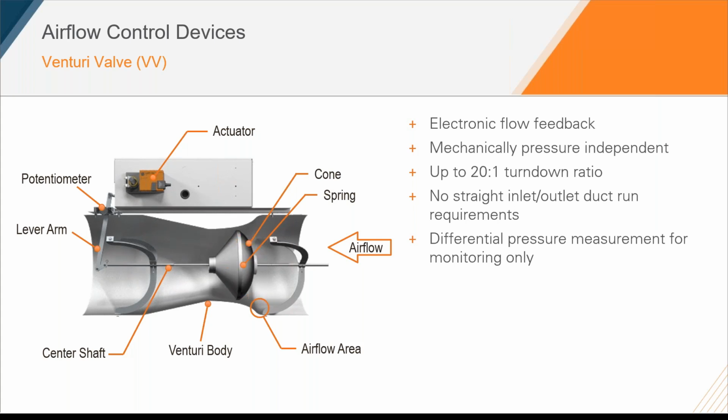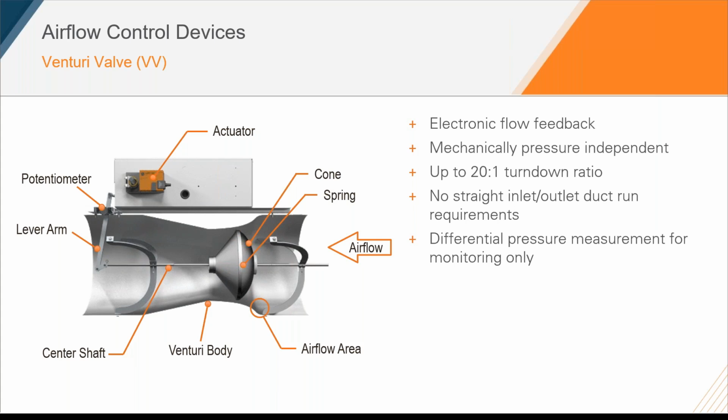Because this valve technology doesn't have any sensors inside the airstream measuring and calculating airflow, we can have a much higher turn down ratio, around 20:1, depending on the valves that you're selecting.